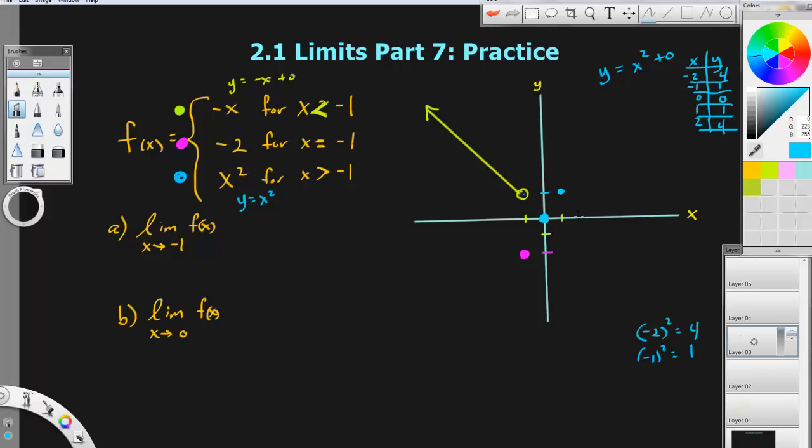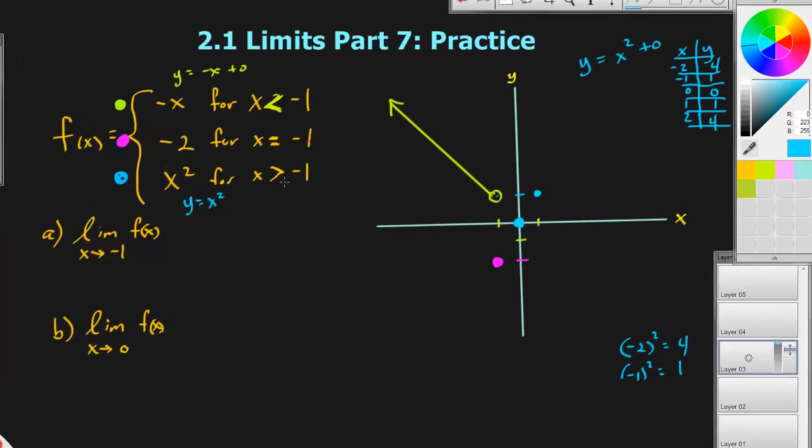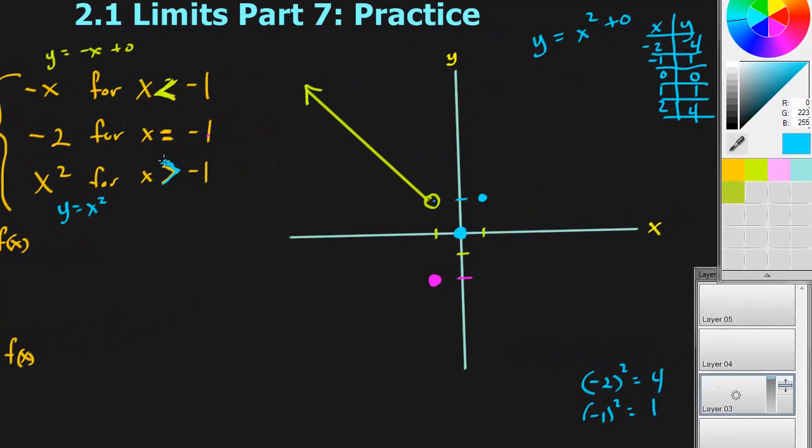So I'll plot the points on the right side since its value is greater than negative 1. 2, 4, so there's 2, 3, 4. So I'm going to have a parabola that goes whoosh, like this, and it's going to come up here and stop.